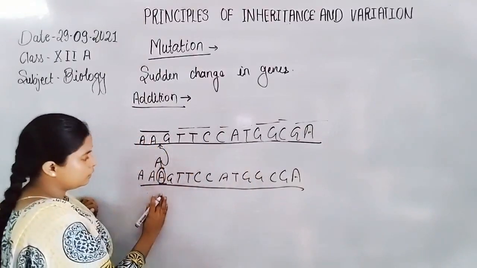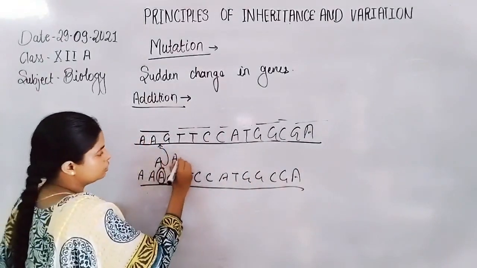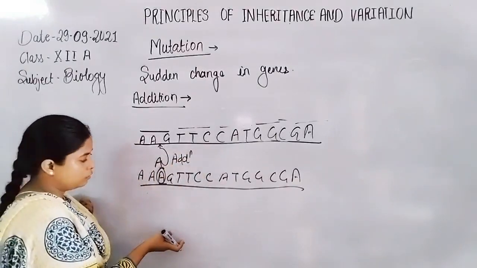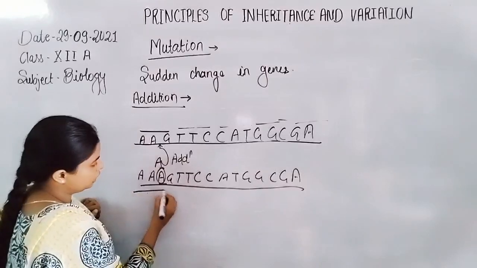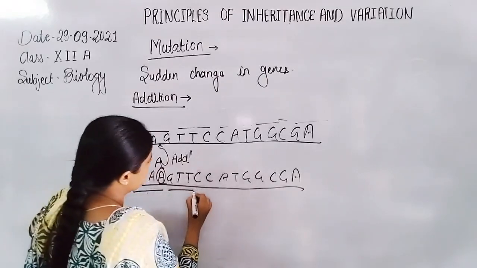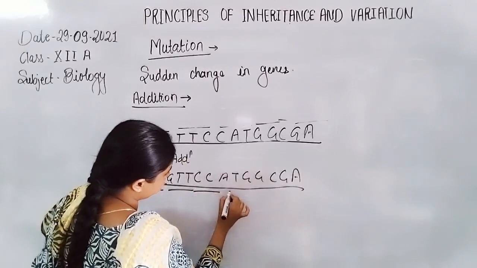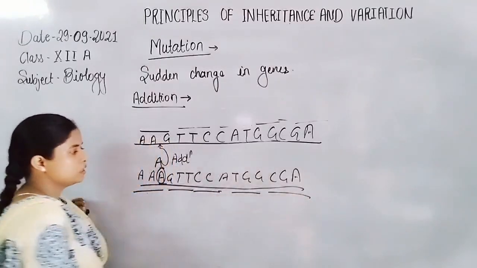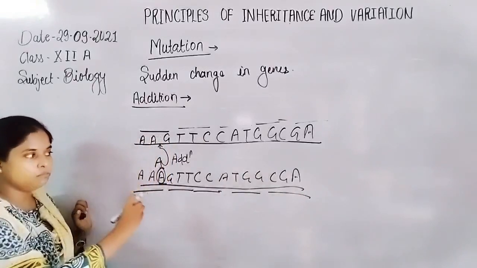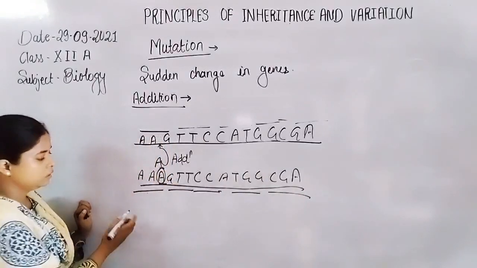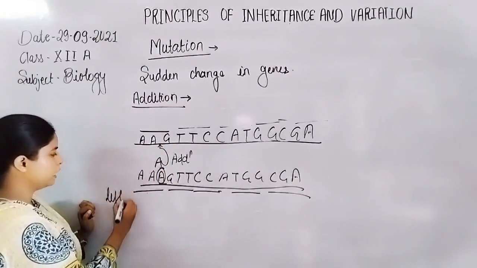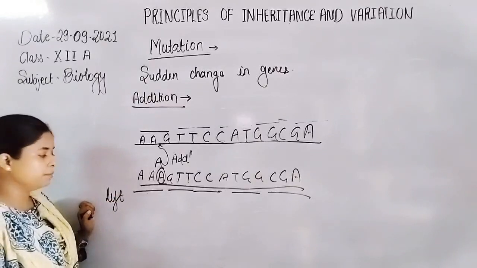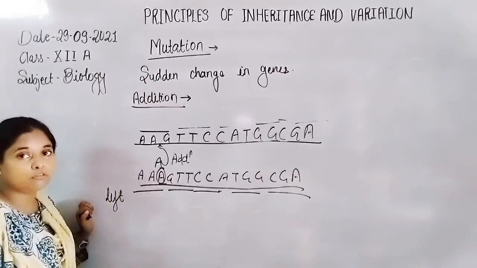Now after the mutation, if addition takes place, what will be the genetic sequence or triplet codons? AAA, GTT, CAA, TGG, CGA. So overall the frame shifts towards the left-hand side because of the addition of adenosine.